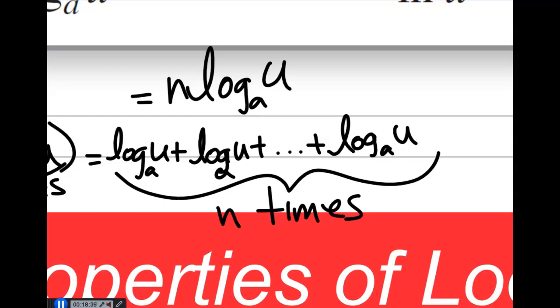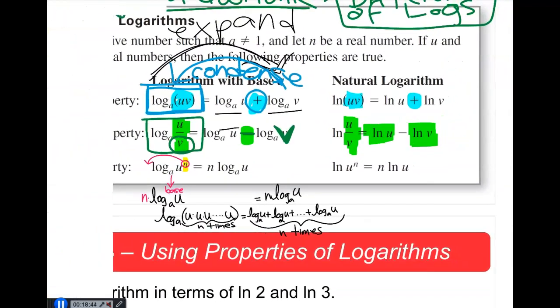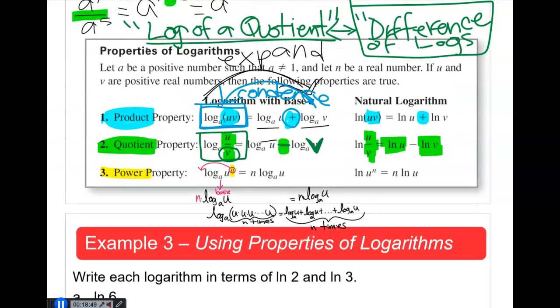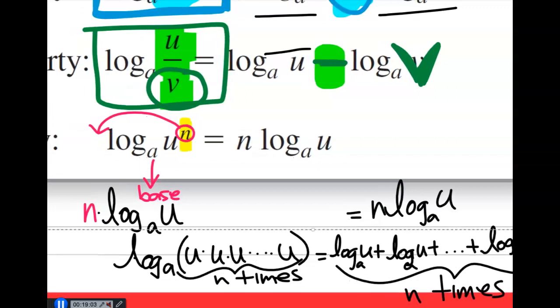So that property is extremely useful. We are going to use it maybe 80% or 85% of the time when we solve either word problems or just simple equations. You could also see it here. The n becomes the coefficient, so it goes from being an exponent to a coefficient.